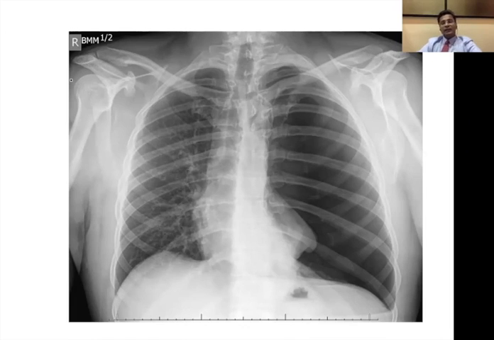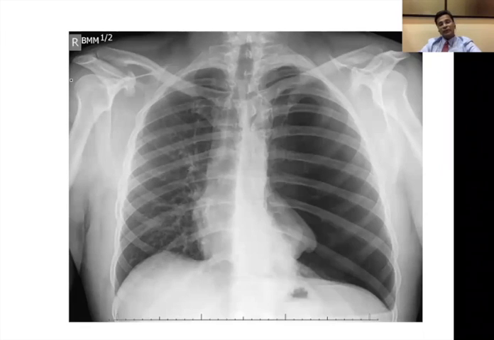So what would be the clinical signs that you would expect if you examine this patient? If you examine this patient, the lungs, see, movements will be reduced, breathing movements will be reduced, trachea will be shifted to the opposite side, percussion note will be hyper resonant here.